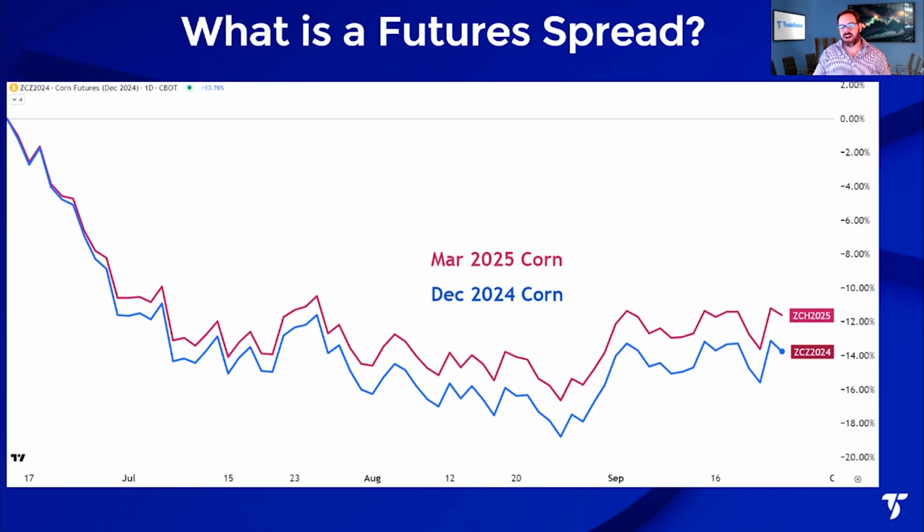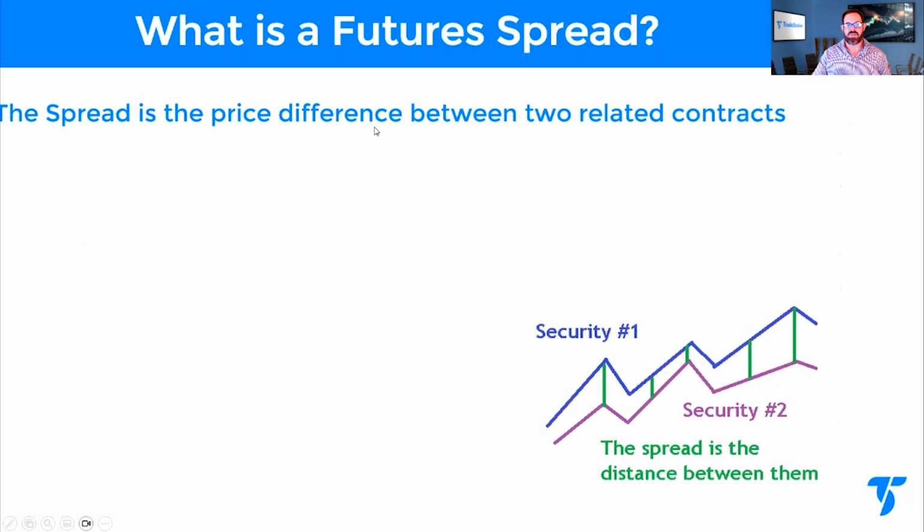It's a different contract, and it trades at a different price. It also will move at a different pace. So basically, the spread is nothing more than that white space between those two securities. That's all it really is. And you can see they sometimes get wider and sometimes narrow. And we can actually trade that and potentially profit from it. So that is what a futures spread is.